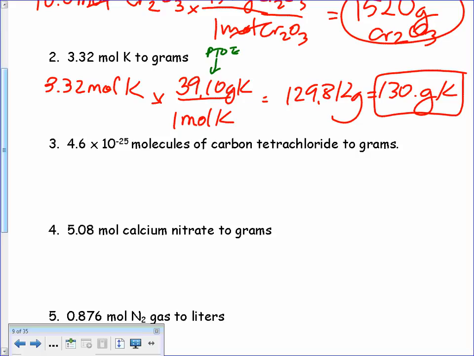Okay, quick recap. Particles come in three varieties. Particles is an umbrella term, but what does it really describe? Atoms, molecules, or formula units, right? So almost never will you actually write the word particles. These will either be molecules, formula units, or atoms.